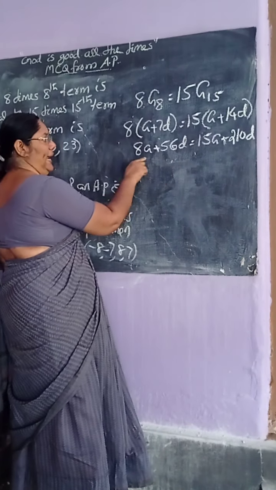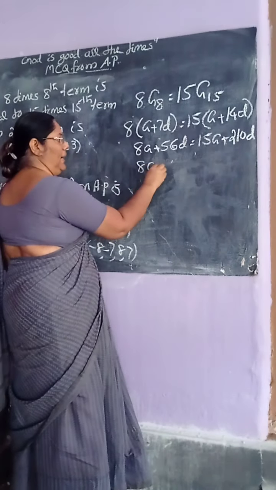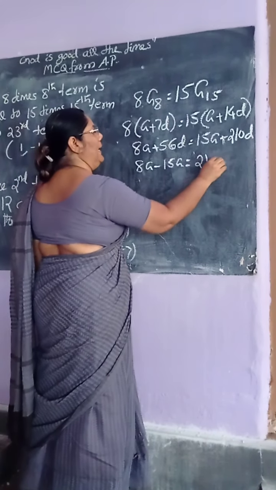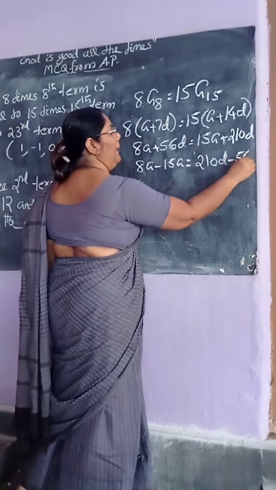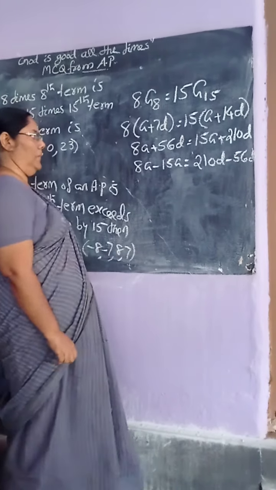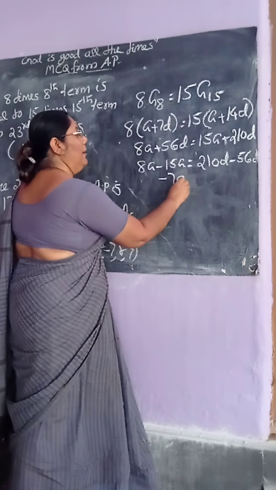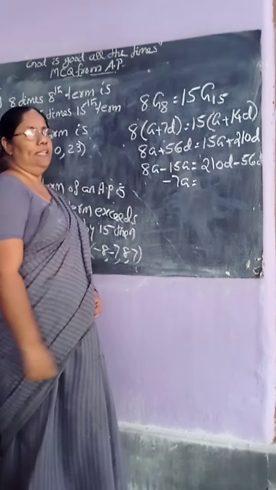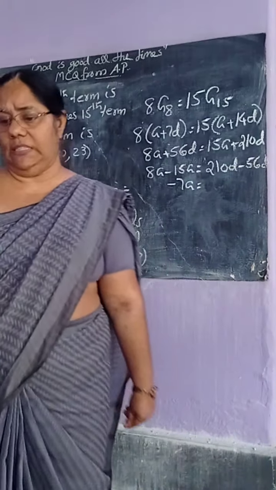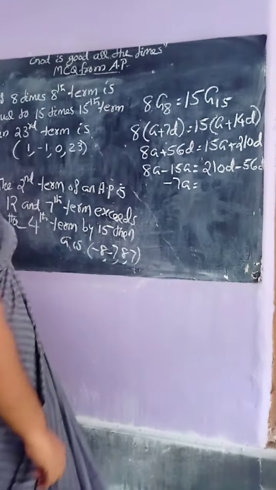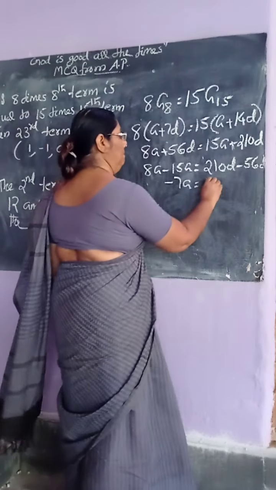Converting 15a to this side, 8a minus 15a equal to 210d minus 56d. Minus 7a equal to, what is 210 minus 56? 154d.